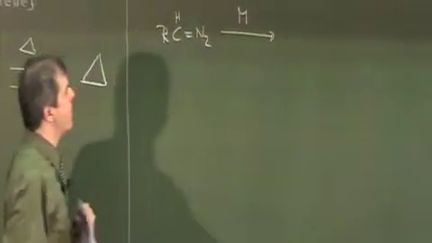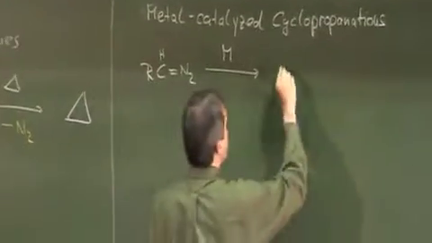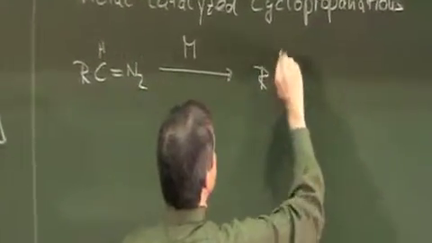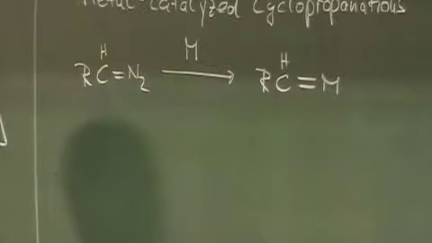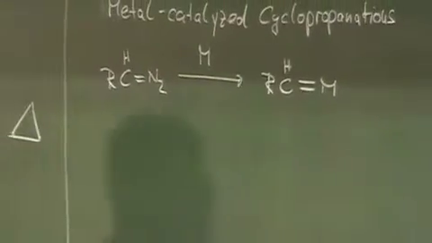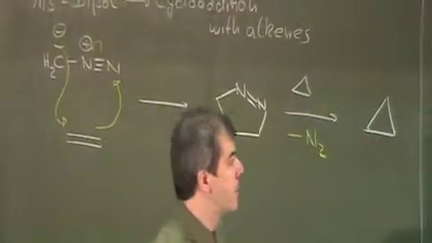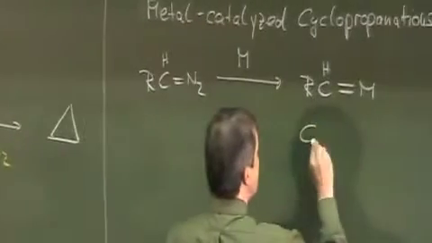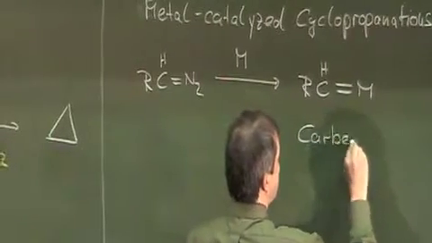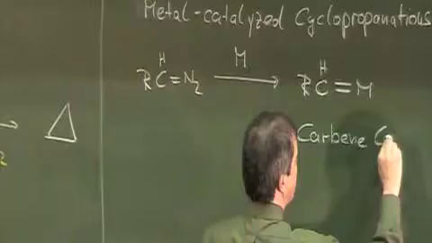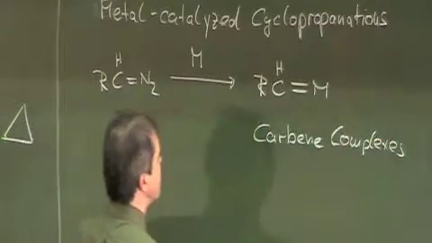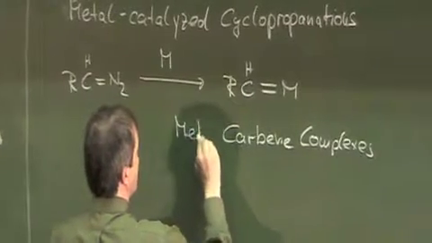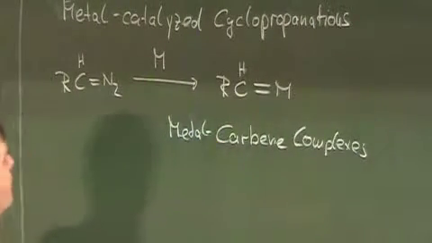And it is proposed that in the presence of metals, you will form, again, something which we have seen when we talked about metathesis reaction or Fischer carbenes or Schrock carbene complexes, again, you will form such carbene complexes with an appropriate metal.